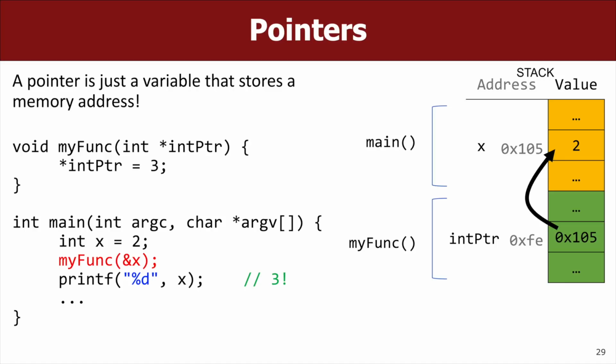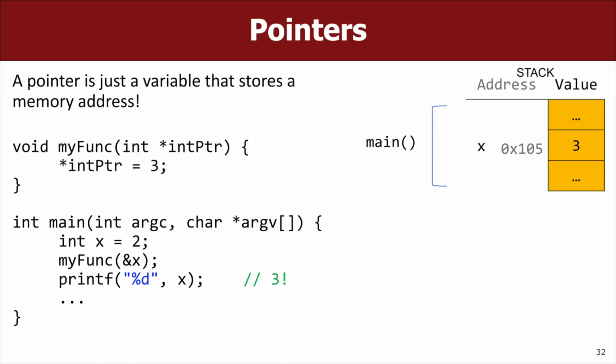Now I go into myfunc and say star int_pointer equals 3. Again, this just means go to the address that int_pointer stores and update the data there to be 3. So we go to 0x105 in memory and change the value there to be 3. Finally, we finish myfunc. The memory for the stack area of myfunc goes away, and then we print out the value of x, which is 3, again because myfunc changed the memory at that location.